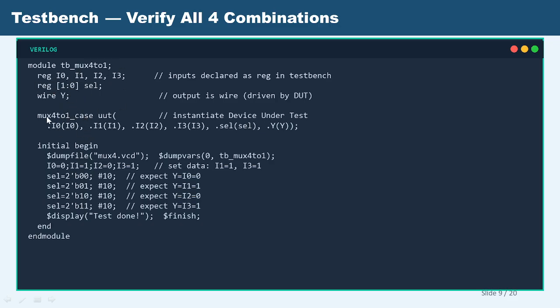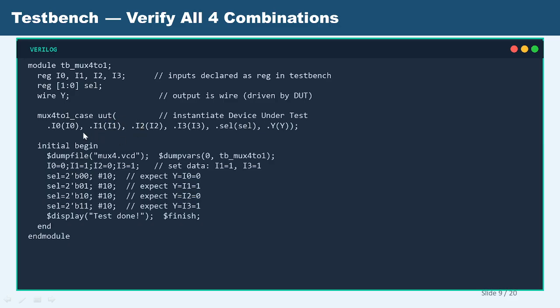After that you are going to instantiate that hardware design name, and you are going to build a UUT. UUT means unit under test. What is this unit under test going to do? It's going to instantiate. Instantiate means initialize, okay.